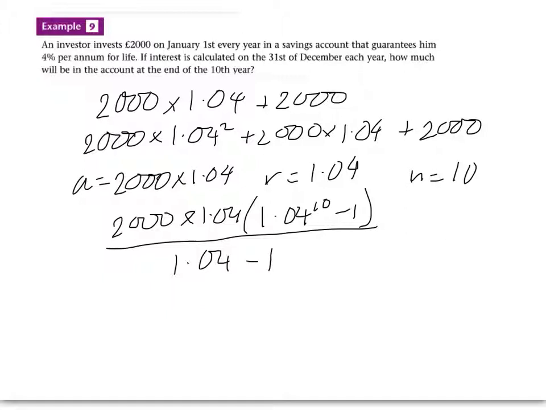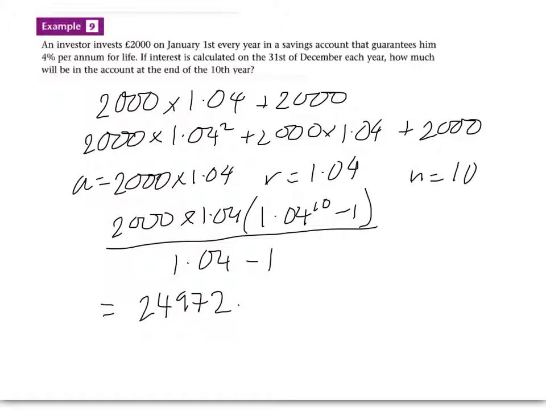Which again is just a simple number crunching thing. Make sure you use your calculator effectively. So 2000 times 1.04, open brackets, 1.04 raised to the power of 10 minus 1, all over 1.04 minus 1. And when we number crunch that, we get a long answer, but it starts 24,972.7028.